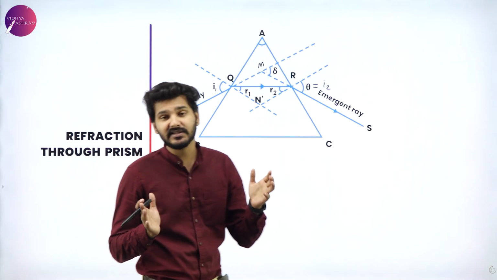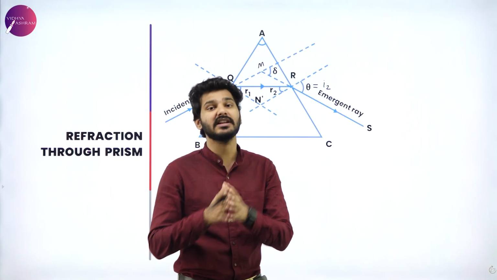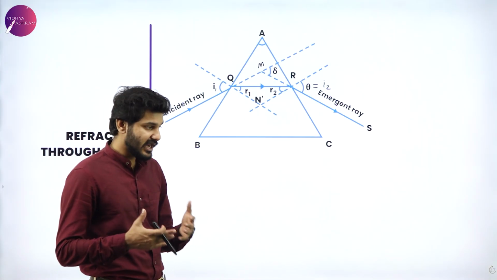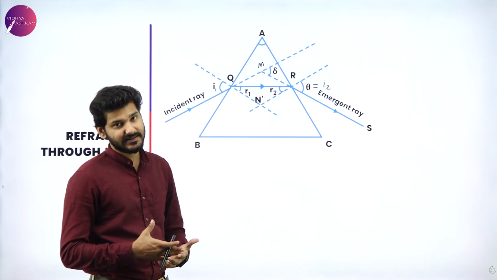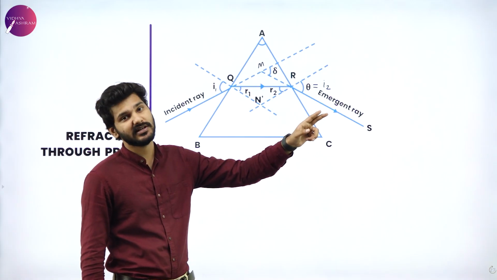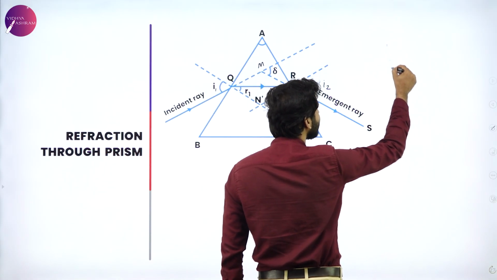Basically this derivation is to find the minimum deviation that can be expected inside a prism. The way the light deviates is that first it will decrease and then gradually it will increase. If we plot a graph, the nature of the graph will be like this.